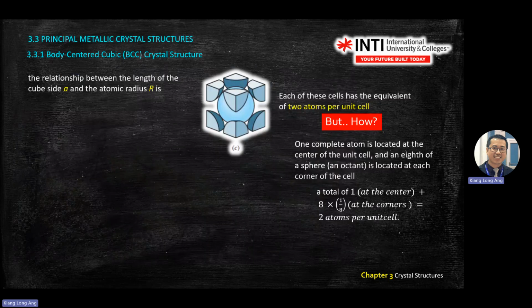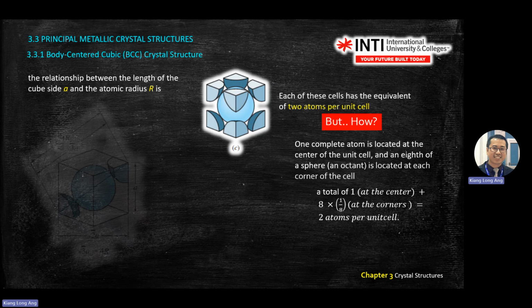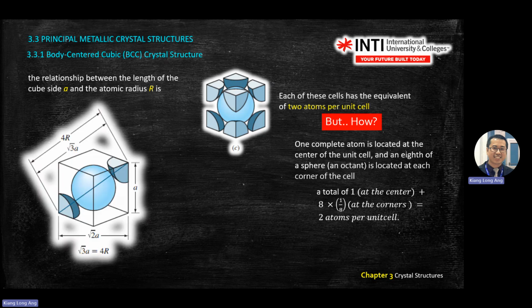So we try to derive the relationship between the cube side a and the atomic radius. This is important. It lays the foundation for the calculation in other chapters. Okay, let me show you this one, and I'm not sure whether you're able to see all these things.